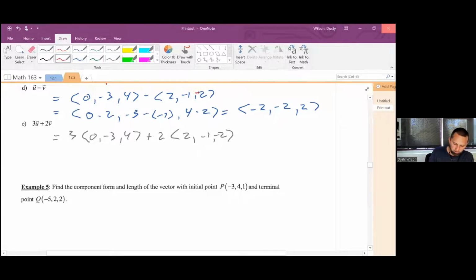This would be a negative 2 right here, which would make this 4 minus negative 2, so this would make this a positive. And 4 plus 2 would be 6. Sorry for losing track of that sign.